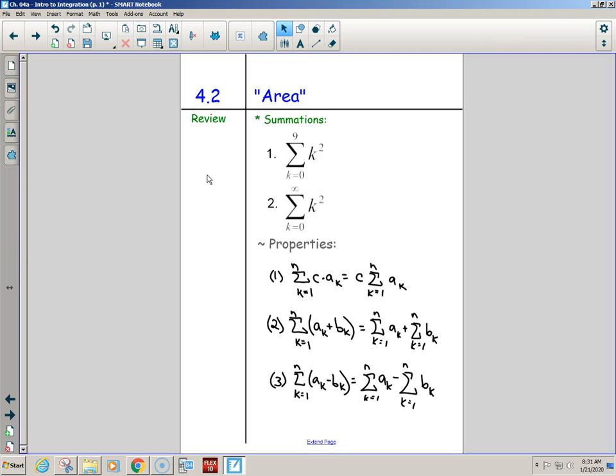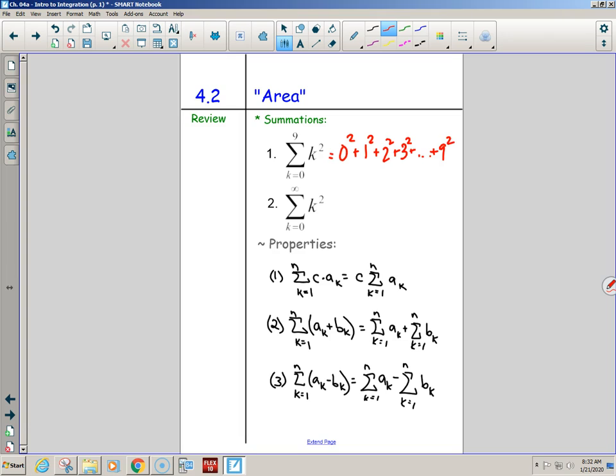So, area. Well, before we get to area, some of you might take the SAT soon, or already have. Sigmas, every now and then, they show up. Maybe it's not a bad idea that we at least know the basics. A sigma, when you have a bottom bound and a top bound, means you plug in stuff, right? You follow whatever the function is inside the sigma, whatever the argument is, and you do it for all positive integers in between the lower and upper bounds, including the bounds.